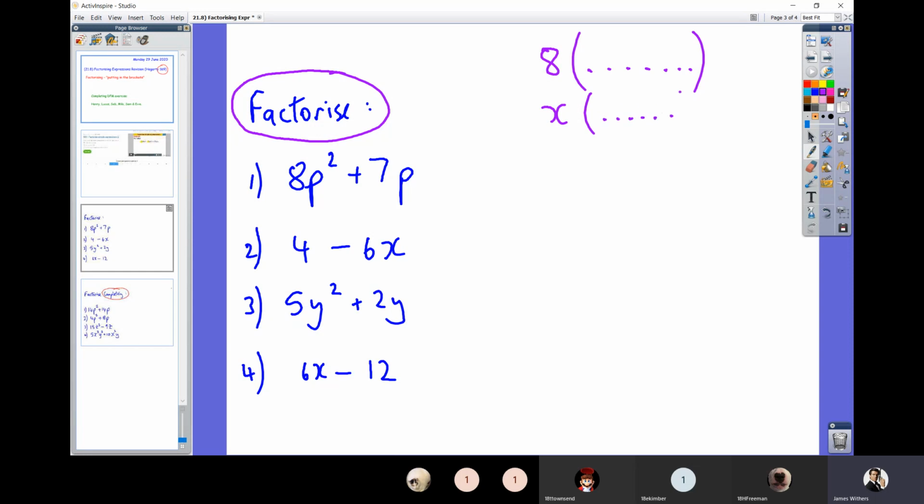They won't remind you of that, but you've just got to realize there's only one thing to take out. I've got 4 examples here, and you've just got to find the highest common factor in each of these terms. So we're looking for the factors, hence why it's called factorizing.